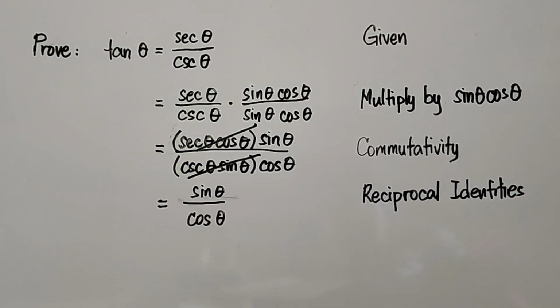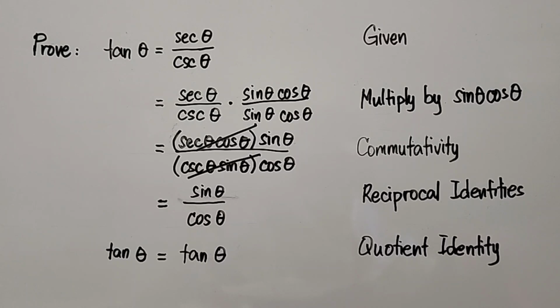Our expression now becomes sine theta over cos theta. What is sine theta over cos theta using the quotient identity? That is equal to the tan theta. We prove that tan theta is equal to secant theta over cosecant theta. So this is one way of proving this identity.